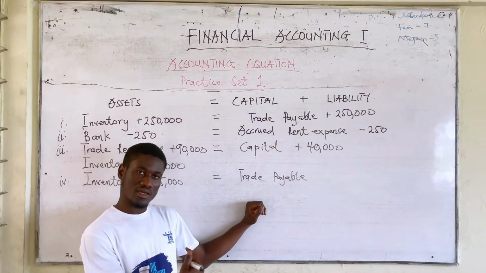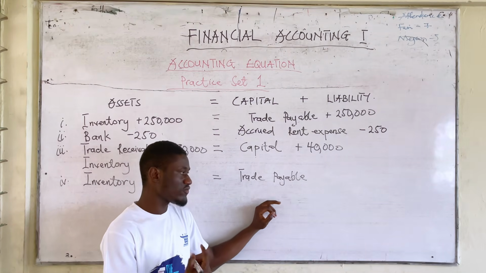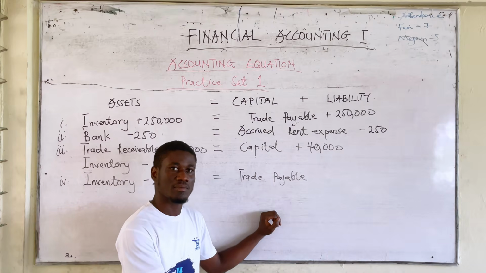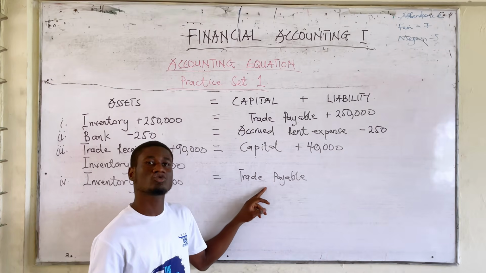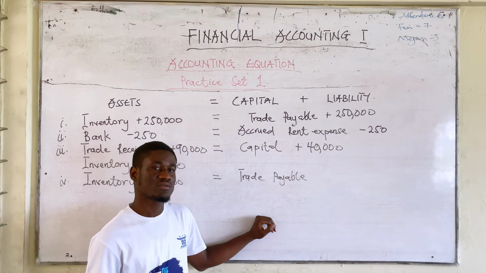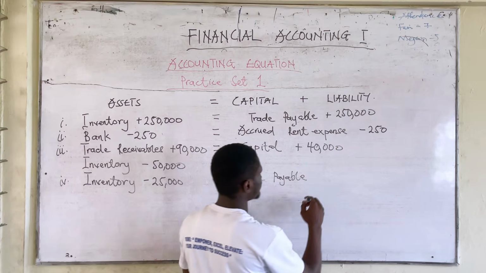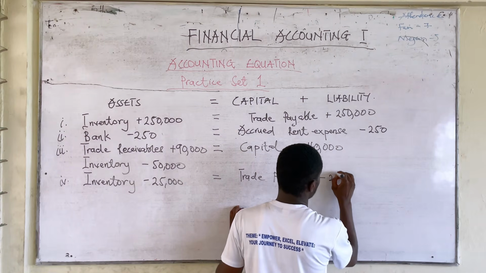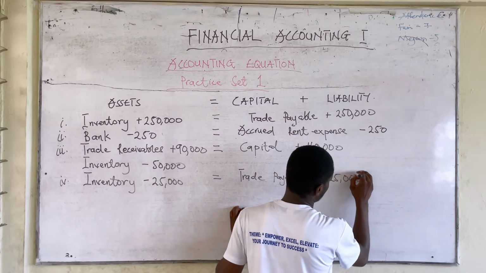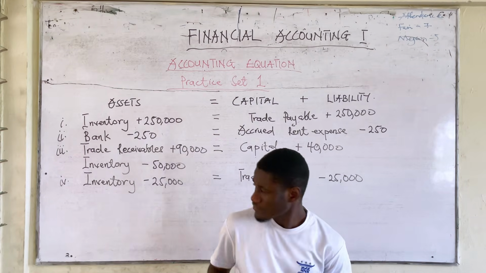Because the inventory they sold to us that we are owing them for, we return that inventory back to them. So the amount we are going to owe them is going to decrease. Do you get it? Good. So now the amount involved here is 25,000. Good. So let's move to the next question.